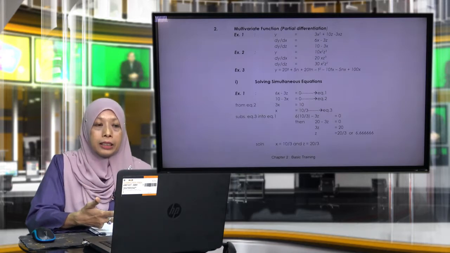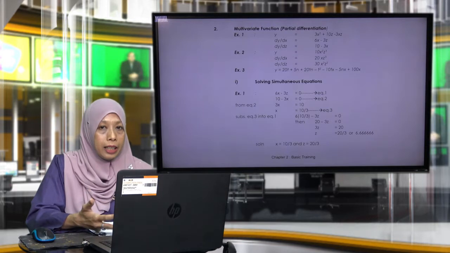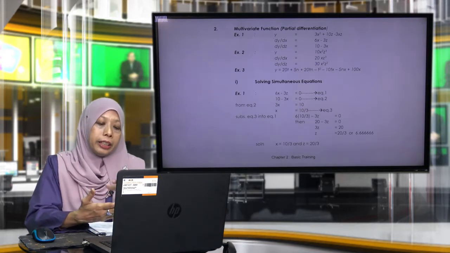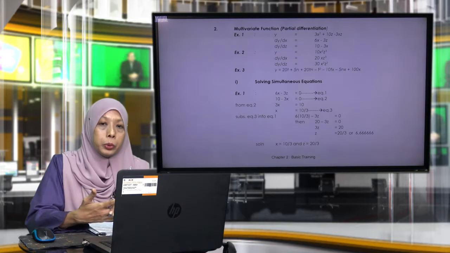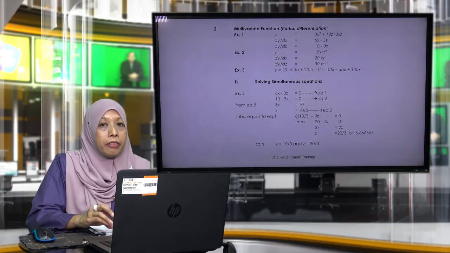The third thing is how to solve equations simultaneously. And the last one is how you solve a quadratic function.